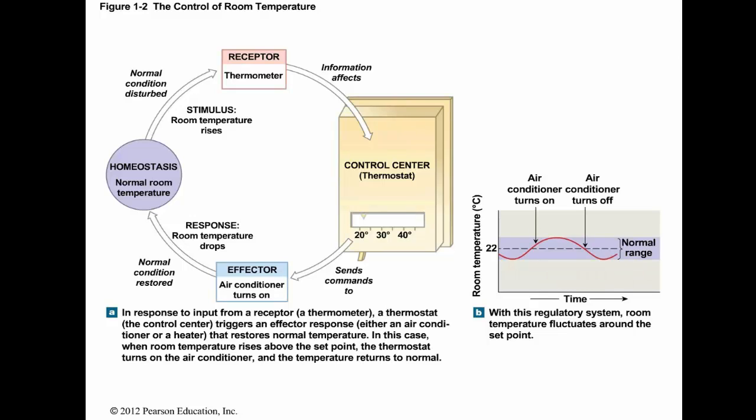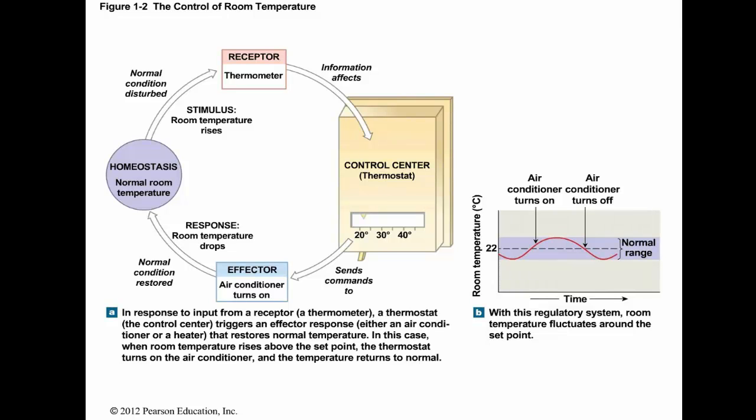The thermostat registers that the temperature has increased, and sends commands to the air conditioner to turn on. The air conditioner pumps out cool air, and the room temperature drops back to the normal range, and homeostasis is achieved.